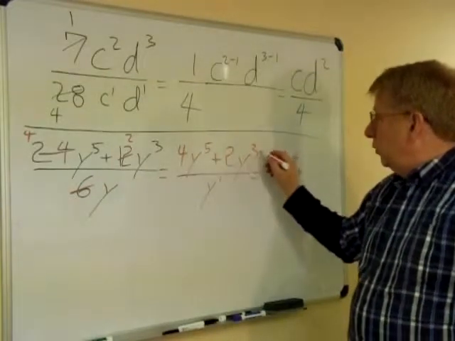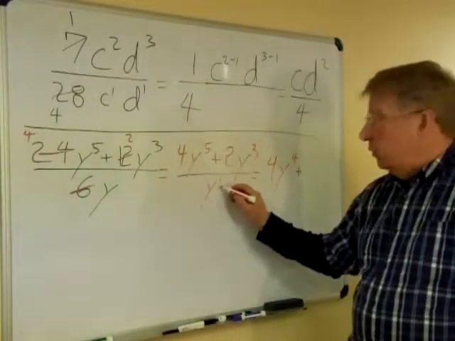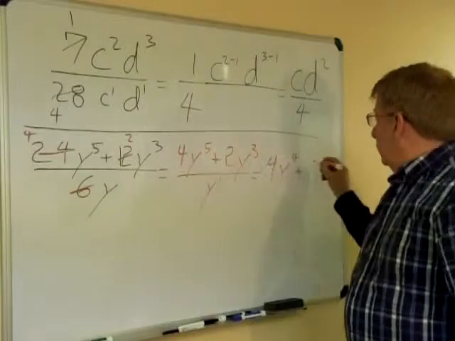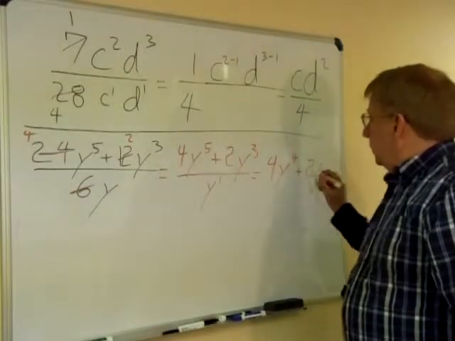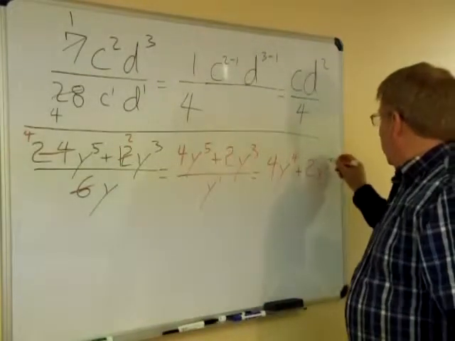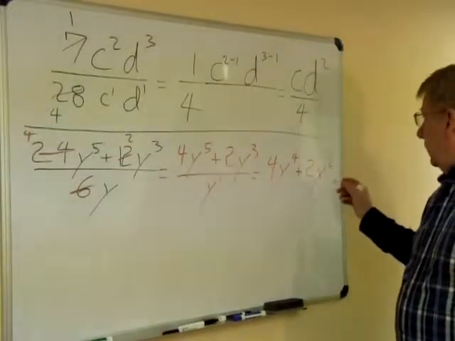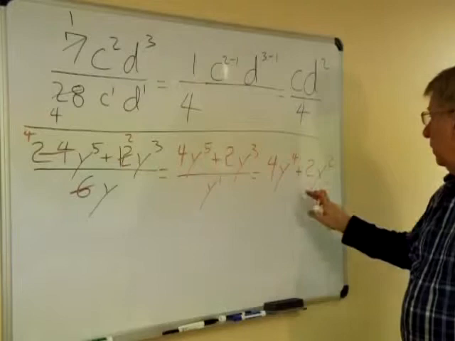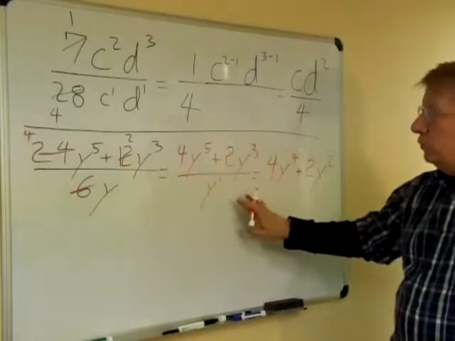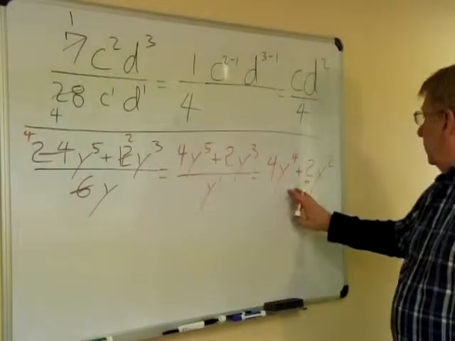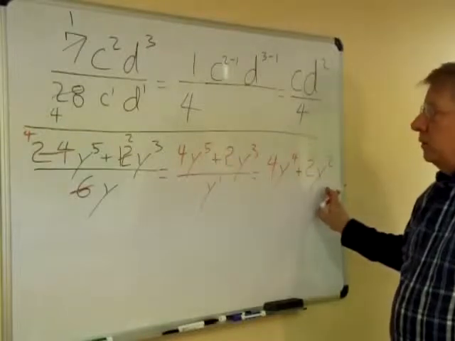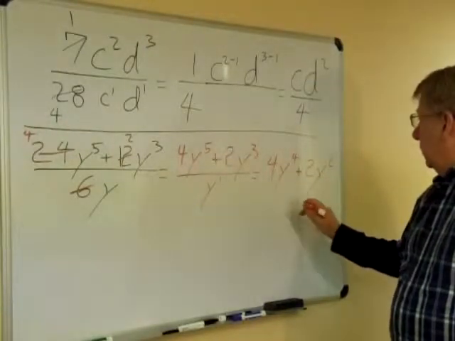And 2y to the 3rd over y to the first would be 2 times y to the 3 minus 1, or 2. So that leaves us with that. And so we've successfully divided that, and this is okay the way it is.